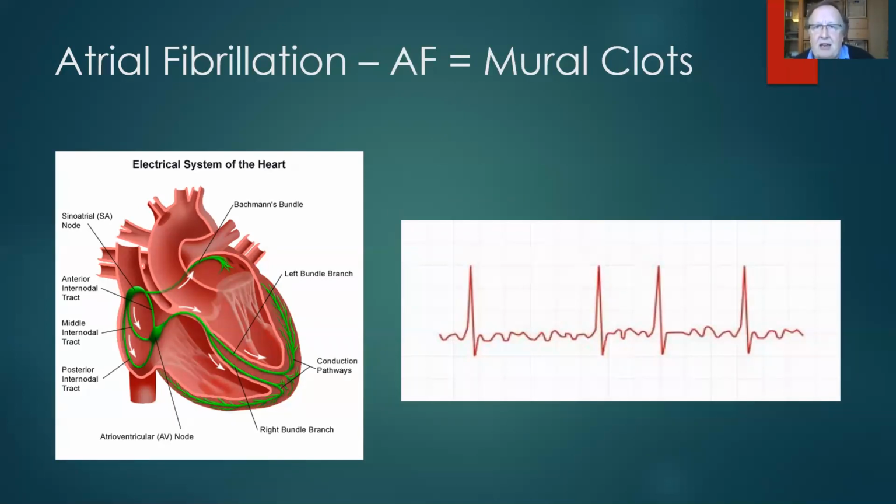Atrial fibrillation. Now this is a bad one because this causes problems for our patients. So what is the rhythm? Well, it's irregular, and we can see that straight away. What is the rate? Well, it's hard to tell, isn't it, because it's irregular. Are there P waves present? Well, sort of.